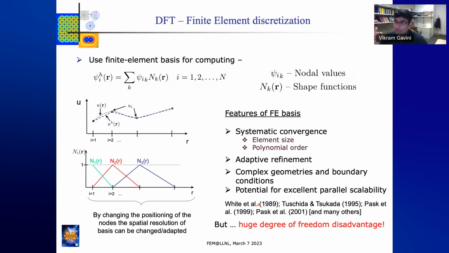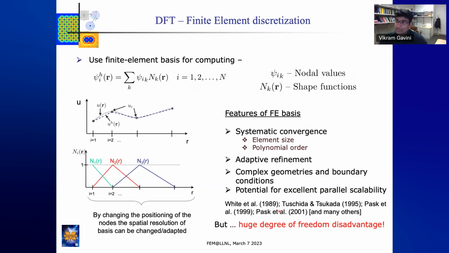And that compared very poorly with the other basis sets, be it plane waves or atomic orbital type basis functions. But many of these studies which were initially exploring the use of finite elements were looking primarily at linear and quadratic finite elements, because that is mostly what we use in engineering type applications.